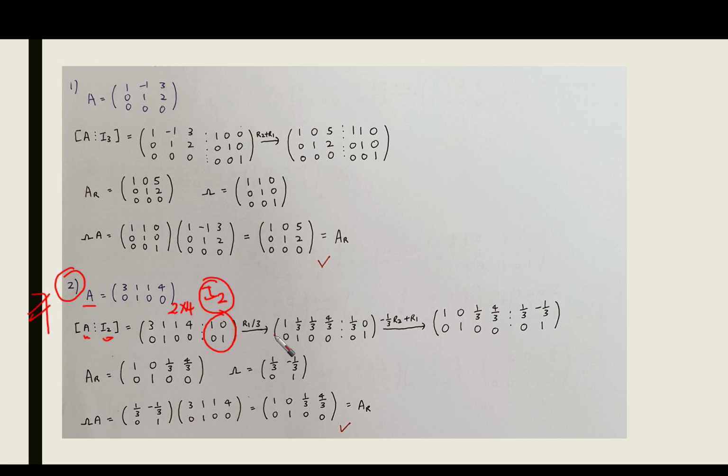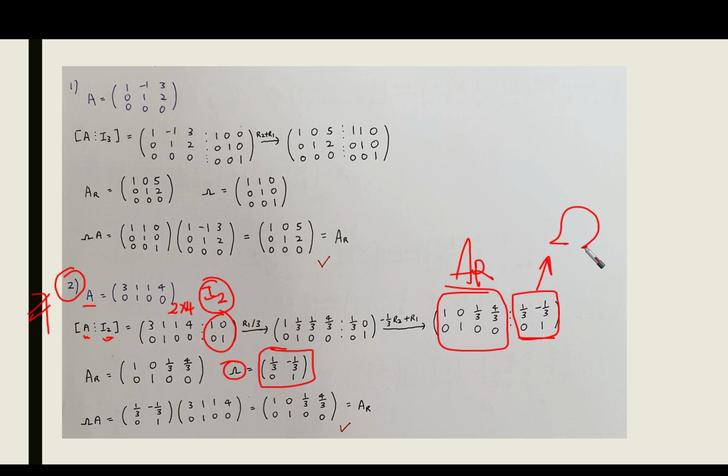Then you're going to end up with omega on the right hand side of the augmented matrix, and this one is going to be AR. So here this is AR, this is going to be omega. Please check what you have done.